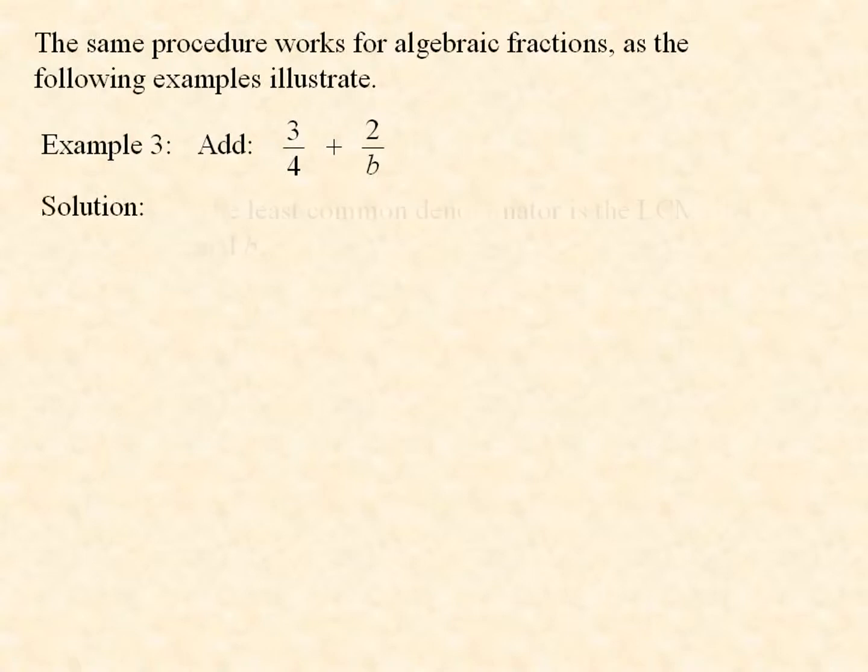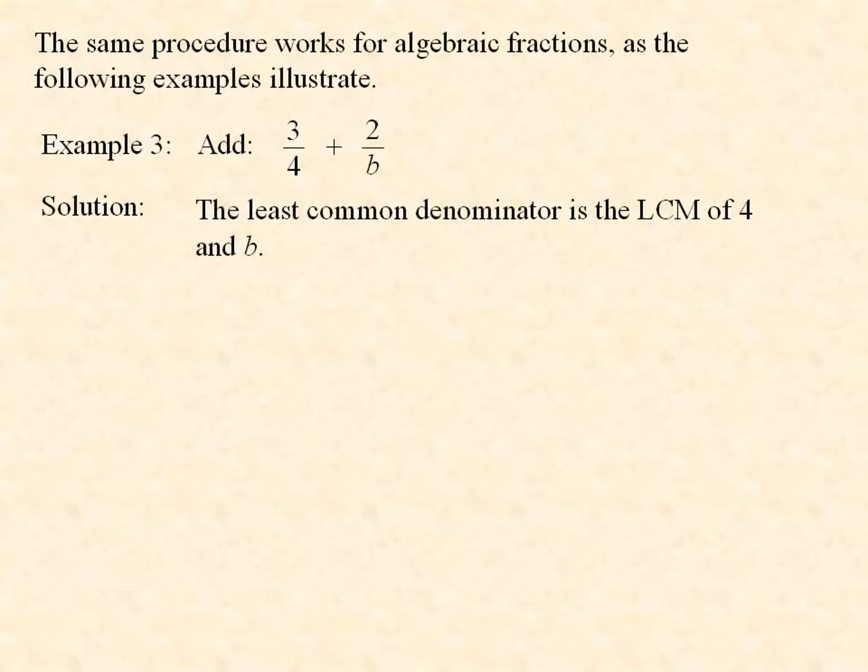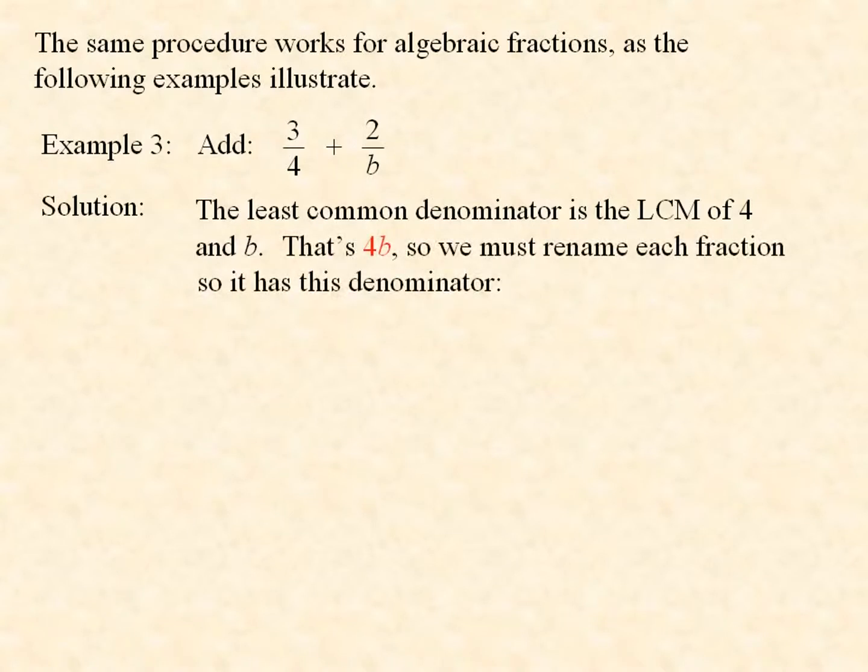The same procedure works for algebraic fractions as the following examples illustrate. Example 3. Add 3/4 plus 2 over b. The least common denominator is the least common multiple of 4 and b, and that's 4b.